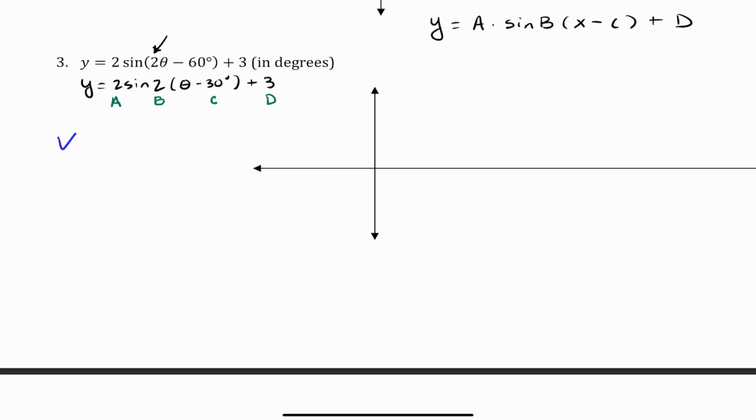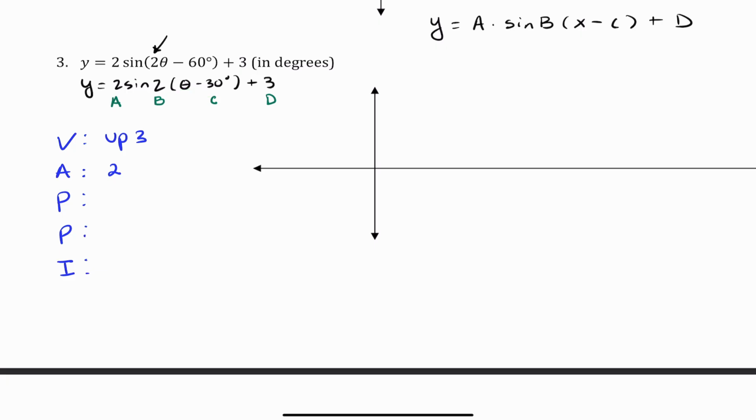So using my acronym, the vertical shift, since it's plus 3, we're going up 3. The amplitude is from the middle to its highest or lowest point. That's going to be 2. The phase shift, this is our new equation, we rewrote it: theta minus 30.